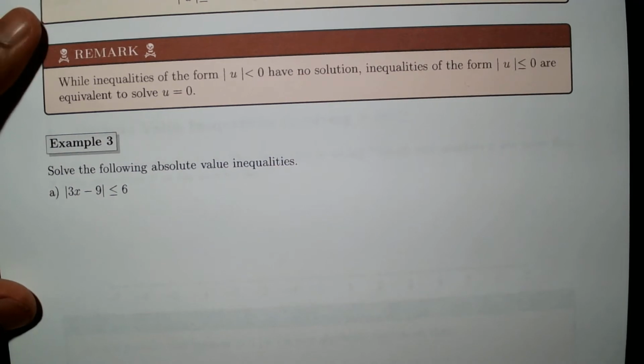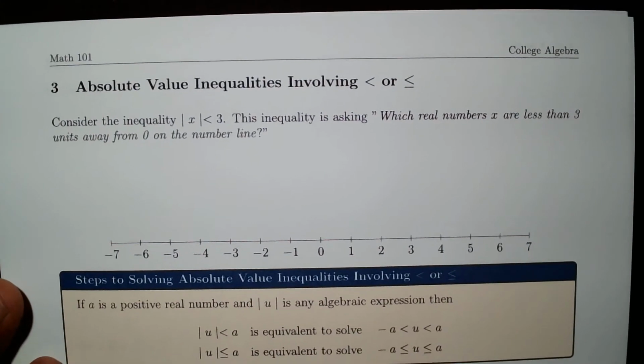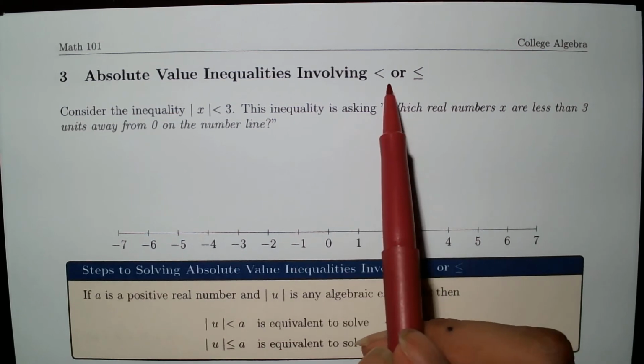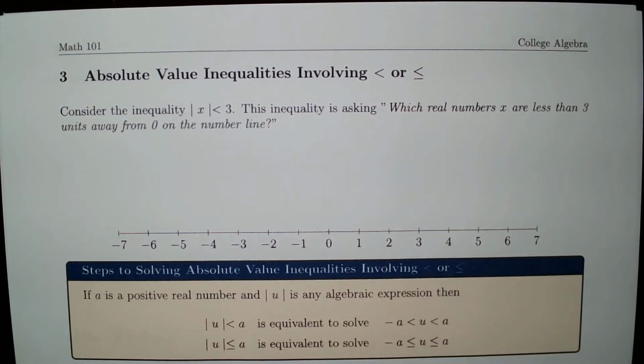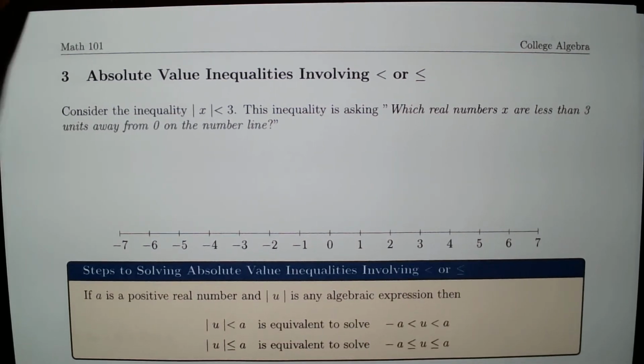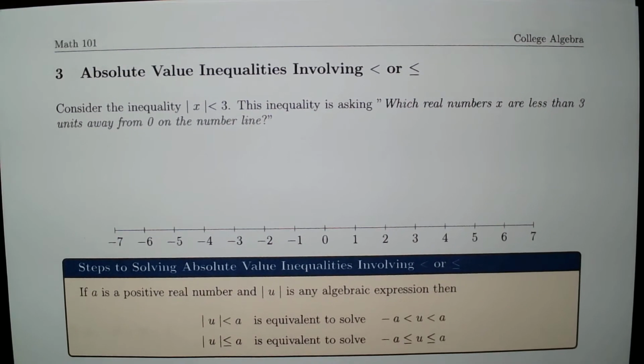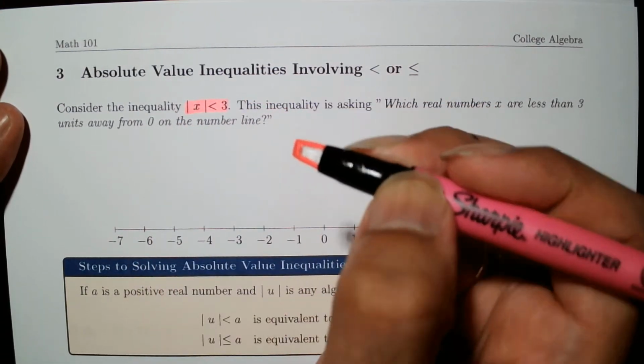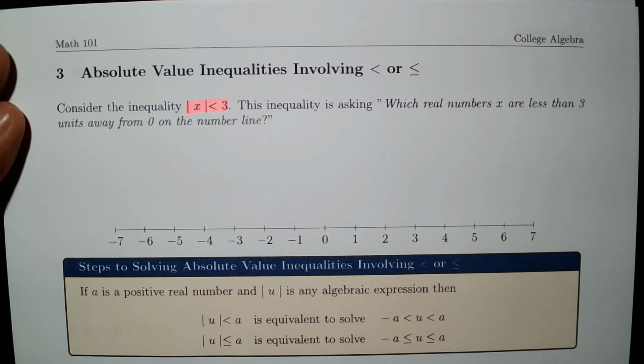Now let's move on to the next topic, absolute value inequalities. We're going to look at two cases: absolute value inequalities involving the less than or equal, and then in the last topic we'll look at inequalities the other way around. Just the same way we considered the first equation, we're going to look at the inequality absolute value of x less than 3.